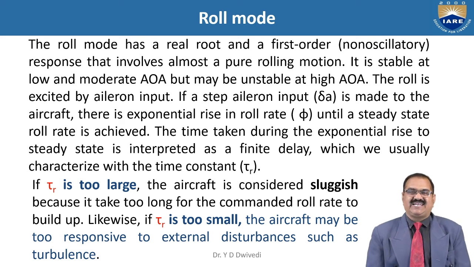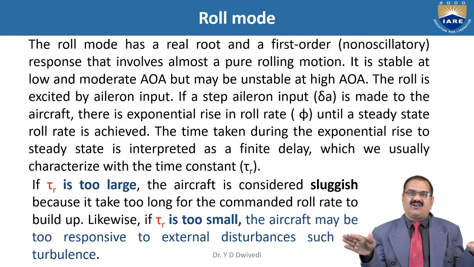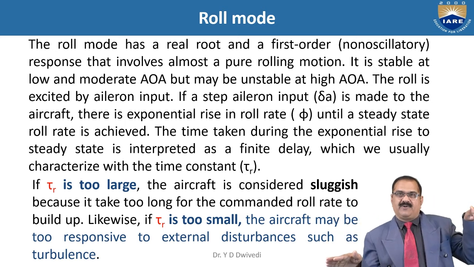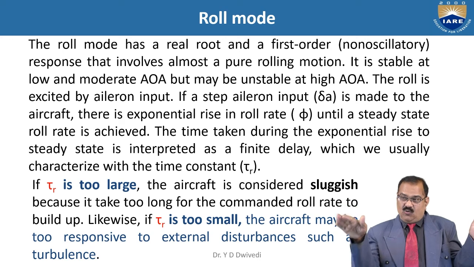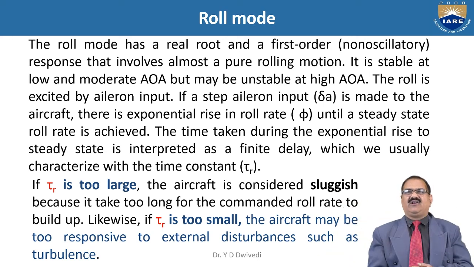The roll is excited by aileron input. So how is the roll given? We have to use the ailerons. Ailerons are on the wing. If you move a wing up, that side aileron will go down, and on the wing which is going down, the aileron will be up. So you have to excite the aileron.